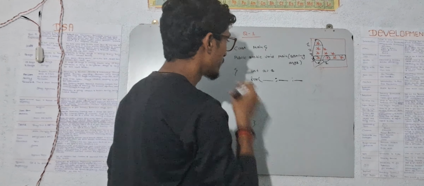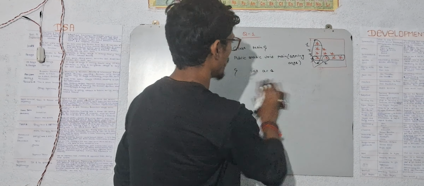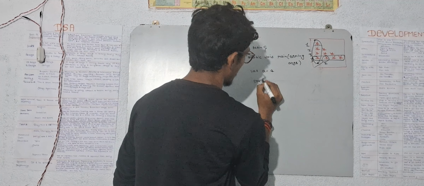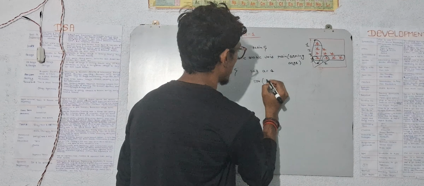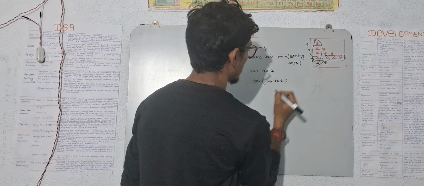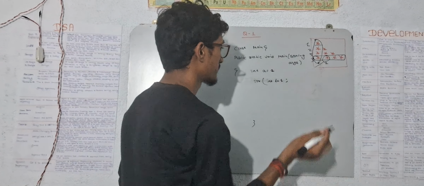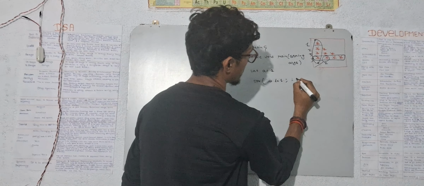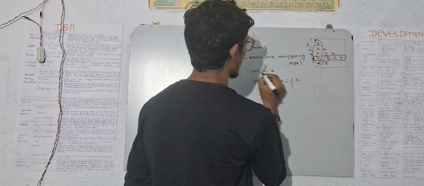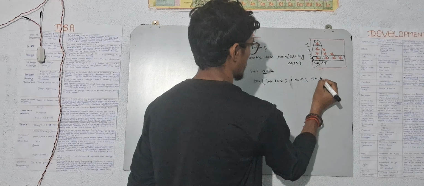So what is your goal? First, how to approach? First, we need to identify your outer loop. If we write for, I will initialize int i with 1, and your last point, it means your last row number, then i less than or equal to your row number, which is a, and i plus plus.